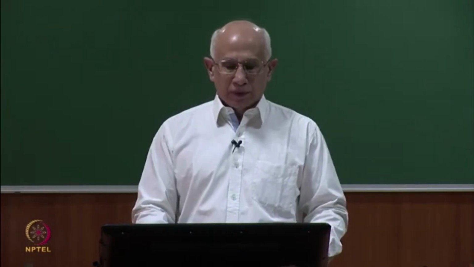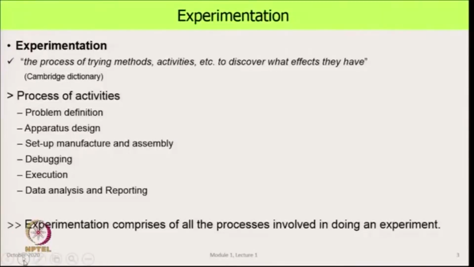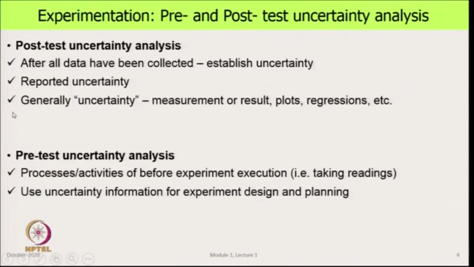Experimentation, as we have defined yesterday, is the process of trying methods, activities, etc., to discover what effects they have. So, this includes a whole variety of processes, and these are listed here, in the second item.